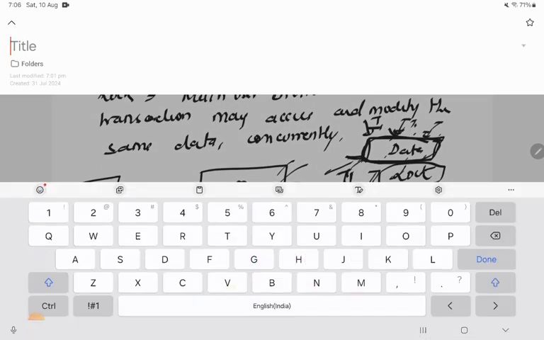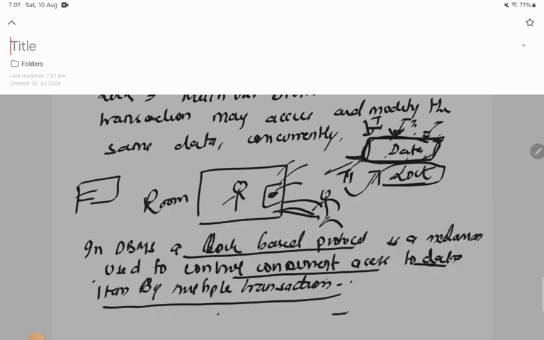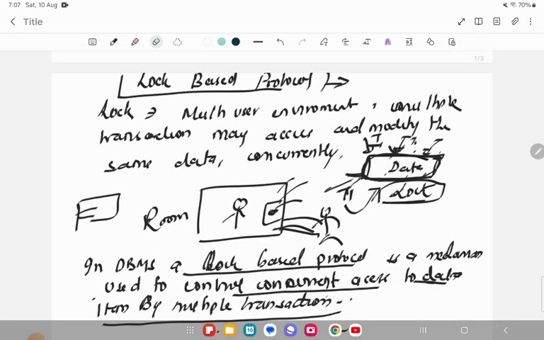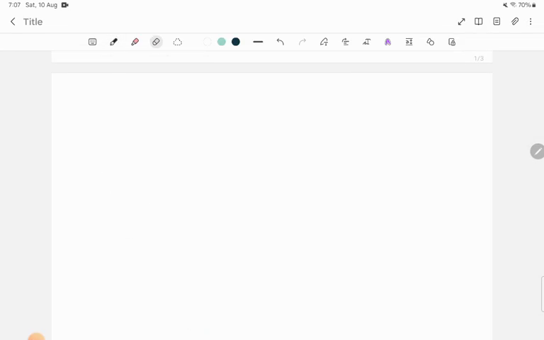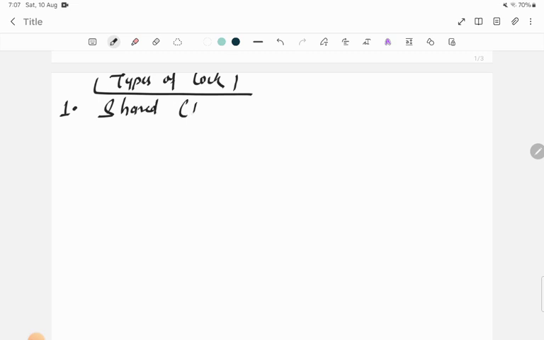Now we are going to talk about the types of lock that we have. The first lock is the shared lock, or read lock. The name itself says it is a shared lock.